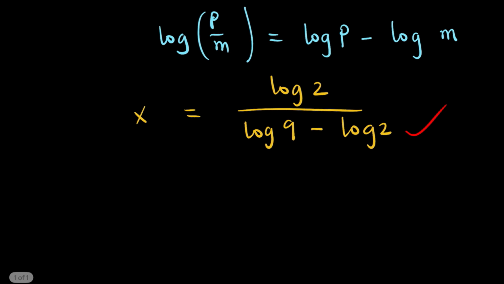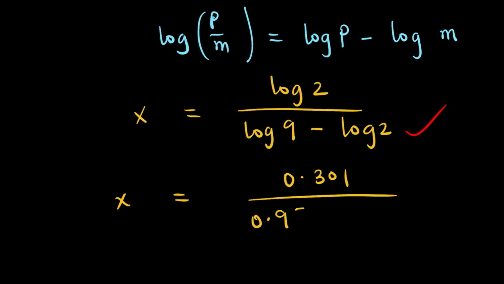Or we can simply convert this to decimal. x is going to be log 2, which is approximately 0.301, divided by log 9, which is approximately 0.954, minus 0.301.